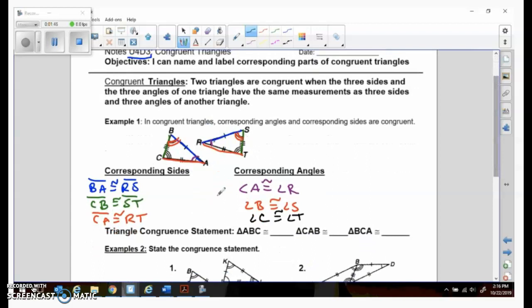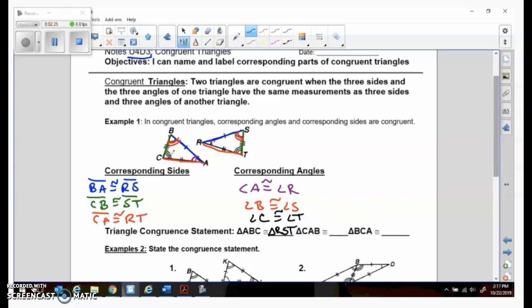Fantastic. So when we write our triangle congruence statements, we want to line up the angles so that the letter that corresponds with A is the same letter that corresponds with it in the other congruent triangle. So we're going to start with triangle R, and then B goes along with angle S, so it's RS, and then RST.